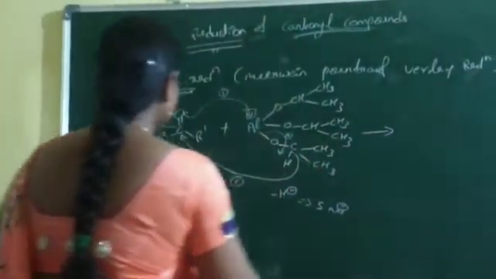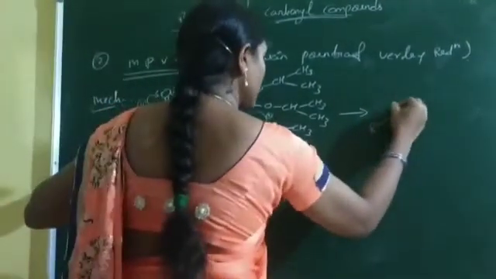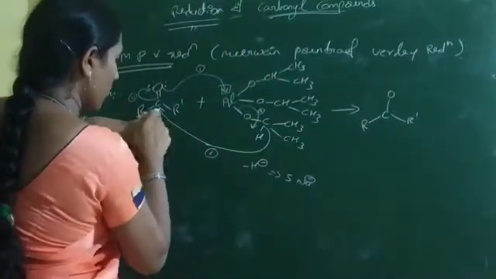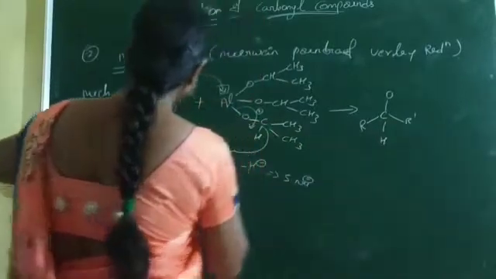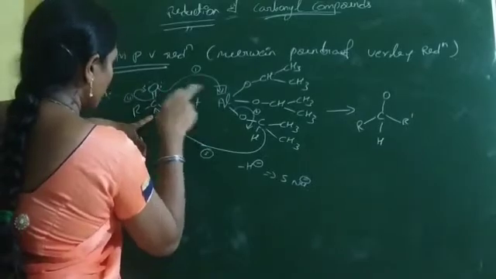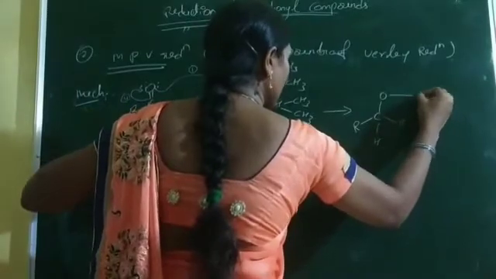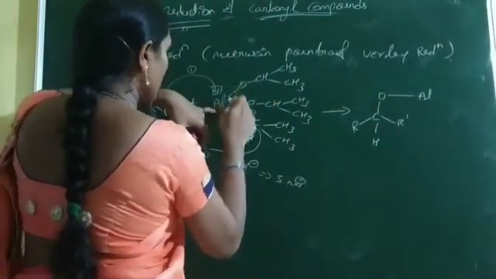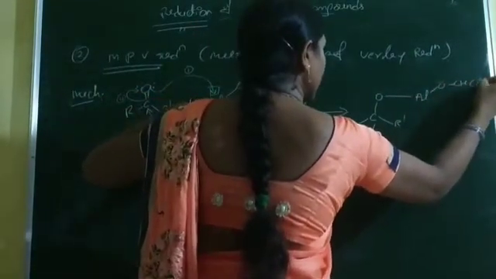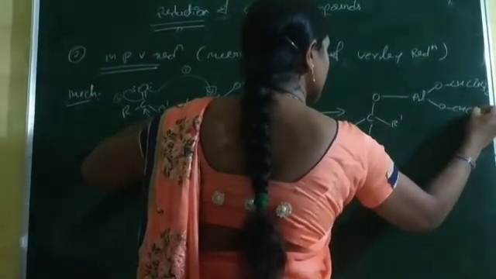Now the product: you write R, C, and the double bond is converted to single bond, O and also R dash, and this carbon is bonded with H. And listen, this oxygen forms a new bond with aluminium. The oxygen is bonded with aluminium. Now aluminium has two isopropoxides, O, CH and CH3 twice, and another O, CH and CH3 twice.